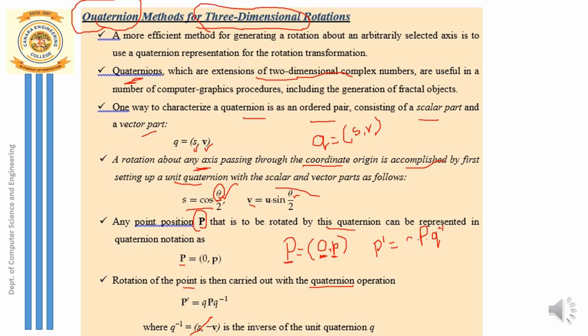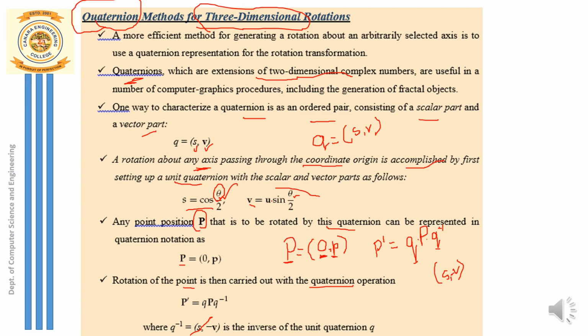Again you can undo that by multiplying with the quaternion. So this is the inverse quaternion and this is the normal unit quaternion. So what is the inverse of the normal unit quaternion? The scalar value will be as it is, whereas the vector value, which has a direction, will be taken as negative.